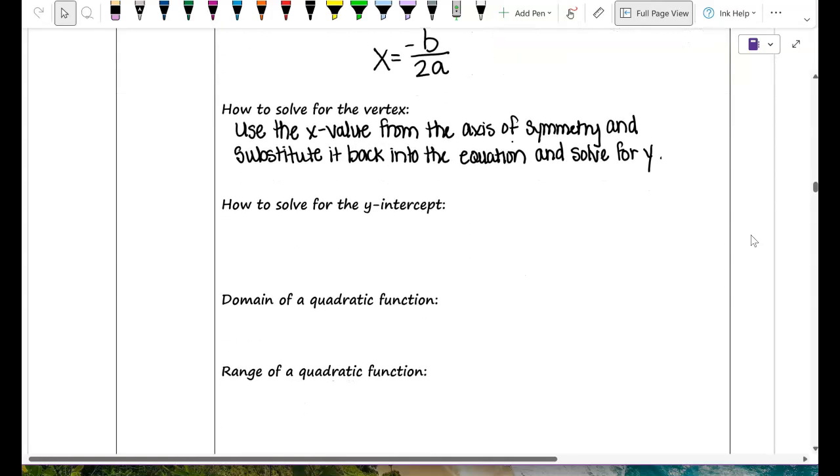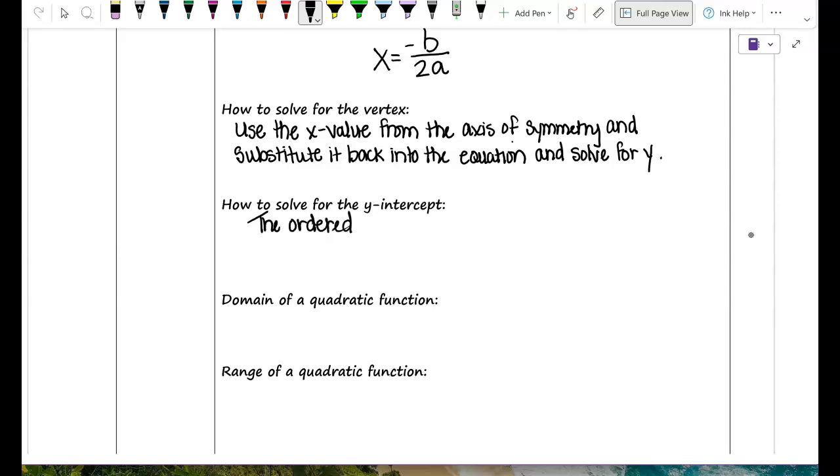So the ordered pair for the y-intercept is (0, some y value).